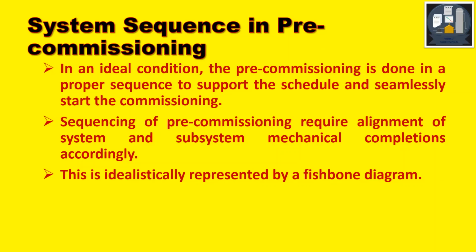Sequencing of pre-commissioning requires alignment of systems and subsystem mechanical completions accordingly. If you have to align pre-commissioning in a proper sequence, then you have to do it prior to that. During the mechanical completion, those systems also have to be accordingly completed. This is idealistically represented by a fishbone, which we'll see in a later slide.